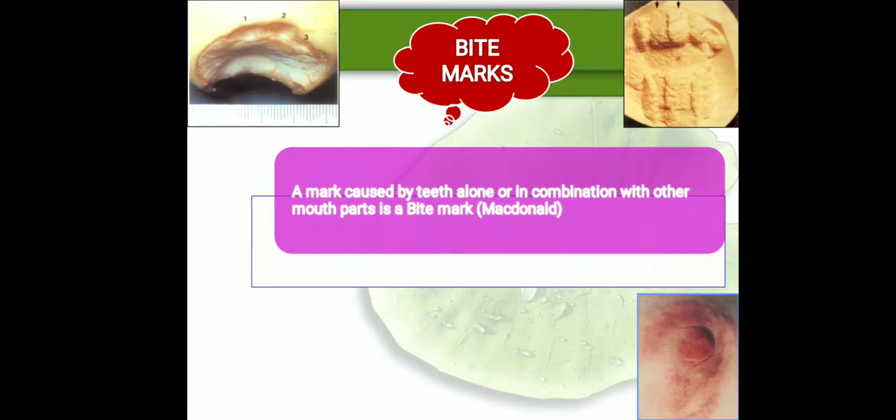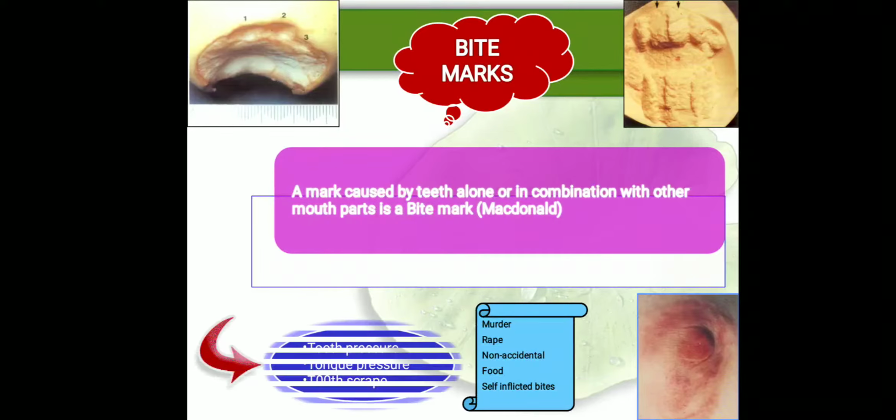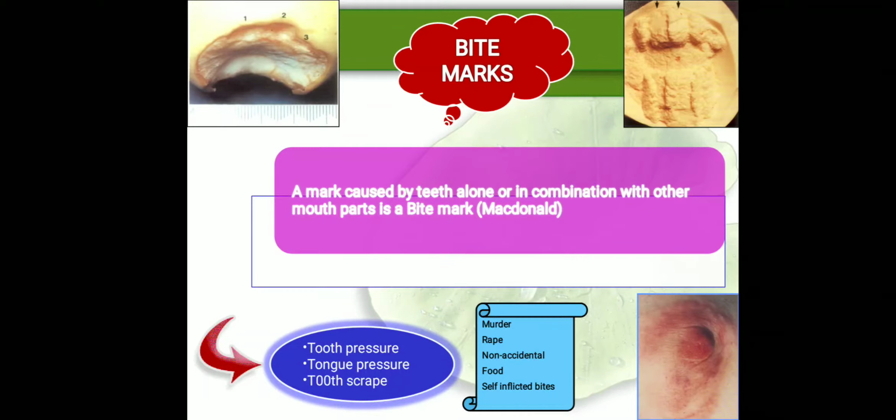Bite marks. A mark that is caused by teeth alone or in combination with other mouth parts is known as a bite mark. Now, how is it important? It is important in murder cases, rape cases, non-accidental cases, food, self-inflicted bites. Now, how do we identify? We identify whether it is by tooth pressure or tongue pressure or by the scraping of the tooth.